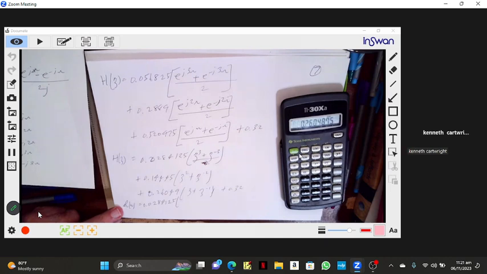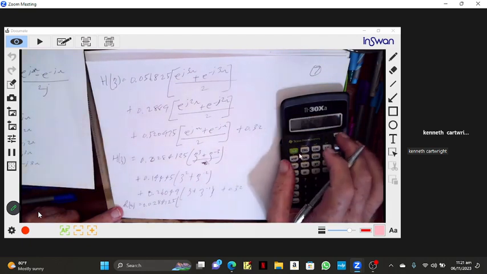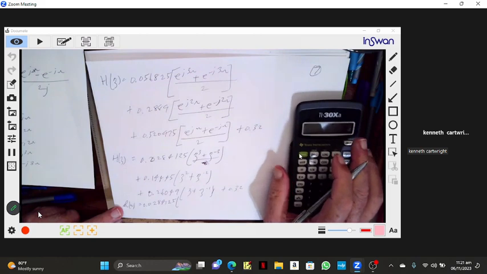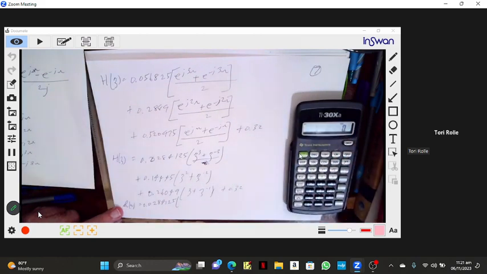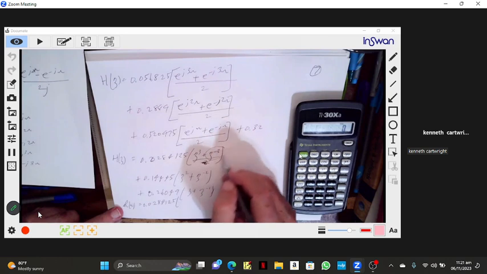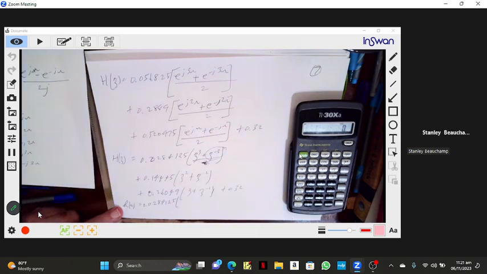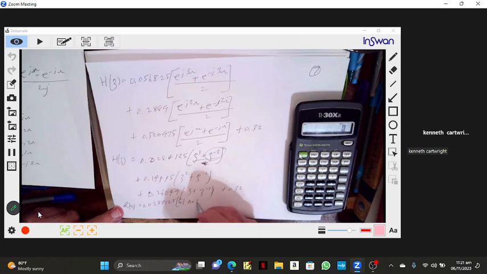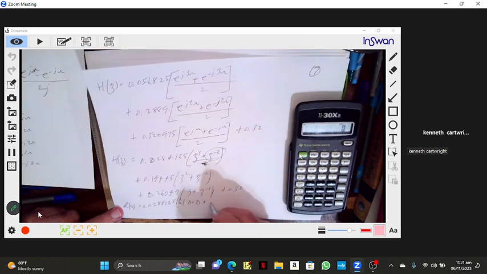And how does that help? Is it delta? Yeah, delta of n minus 3. No, that's what this is. What if you put a plus? Yes, delta of n plus 3 plus delta of n minus 3.